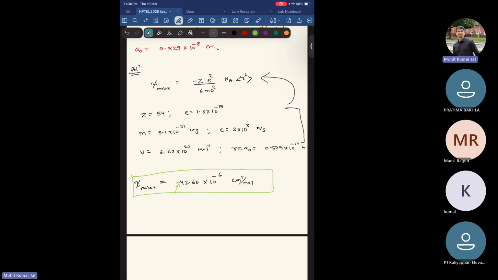Additionally, the negative sign suggests the material is non-magnetic. The material is diamagnetic actually. That's what it also tells.